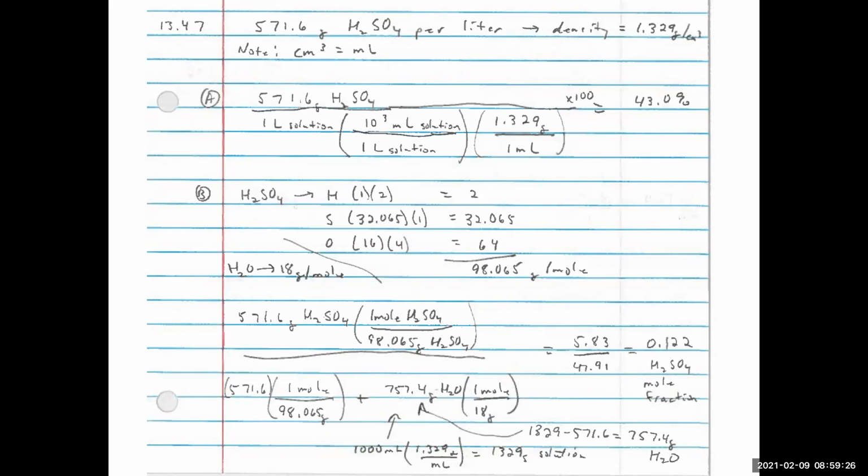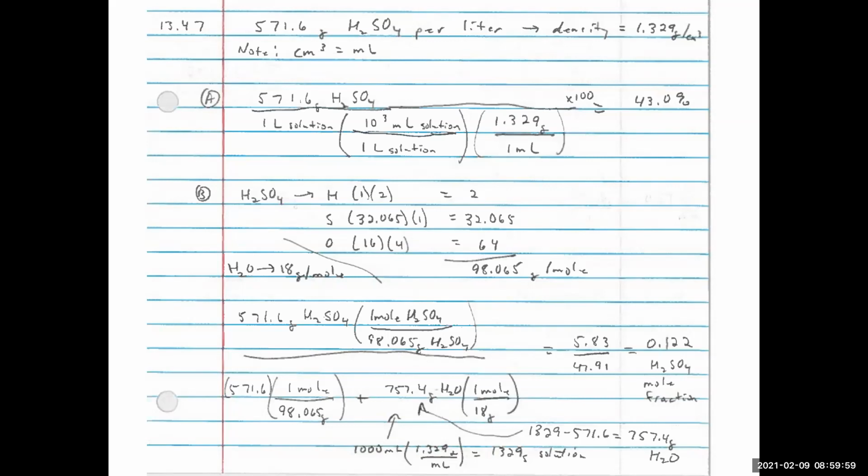We were given a density up there of 1.329. So if we assume we have a liter, then 1329 is the total grams. We subtract our 571.6, and that tells us we have 757.4 grams of water. So that's where we got the 757.4 grams of water from.